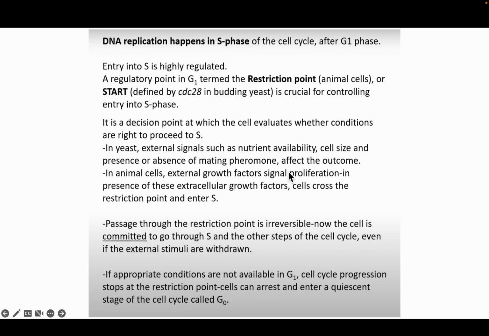In animal cells, external growth factors signal proliferation, and in the presence of these external growth factors, cells cross the restriction point. Passage through the restriction point is irreversible.